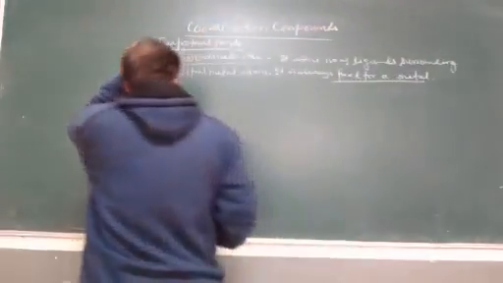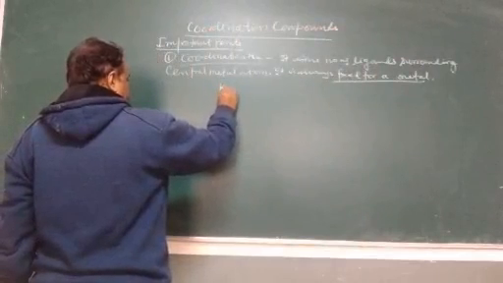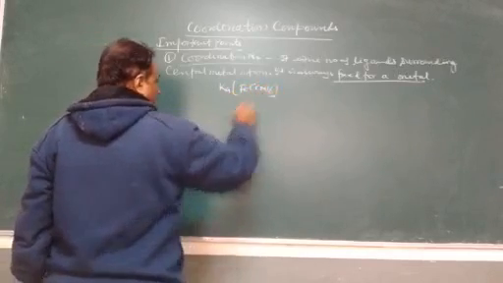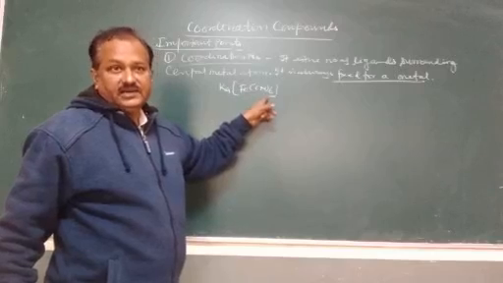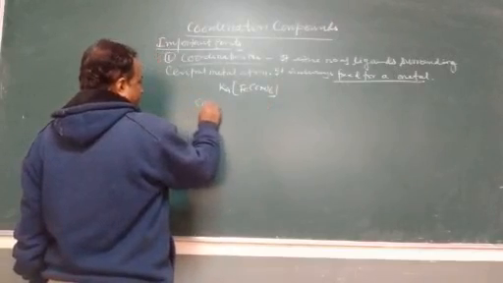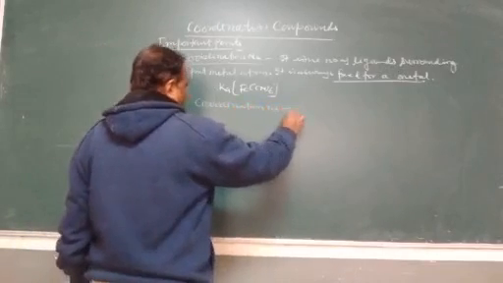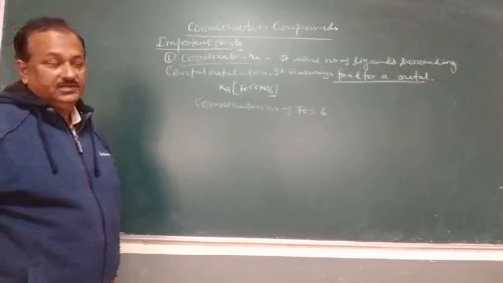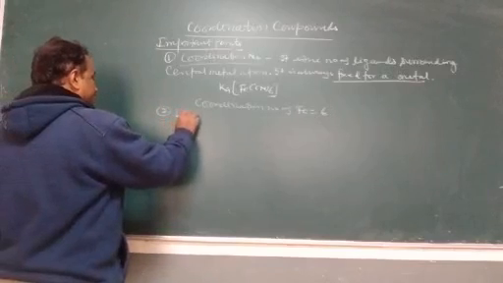Like the previous example, here the 6 CN ligands are attached, so we say the coordination number of Fe is equal to 6. Six ligands are attached. So this is the coordination number. Now the second point is the ligands.